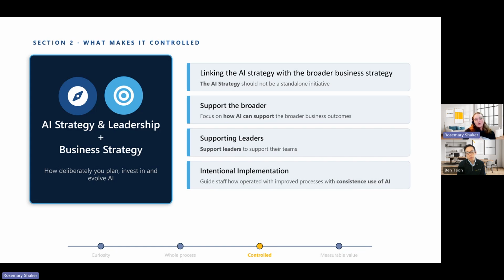You don't just want one person who has adopted this really well and completely changed the way they work, and then a colleague who is still doing things the traditional way and is drowning in the volume of work because expectations have changed as to what the team will now deliver. So it's supporting the entire team with consistent use of AI as we go through.